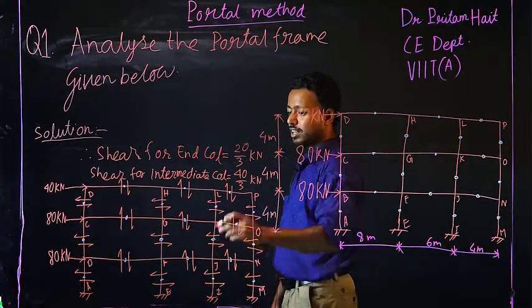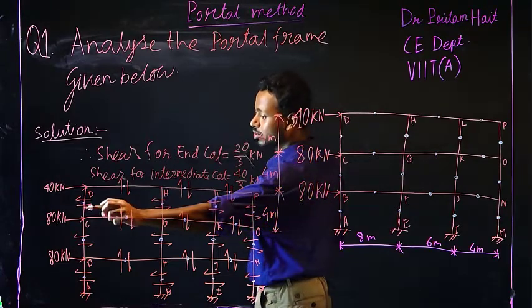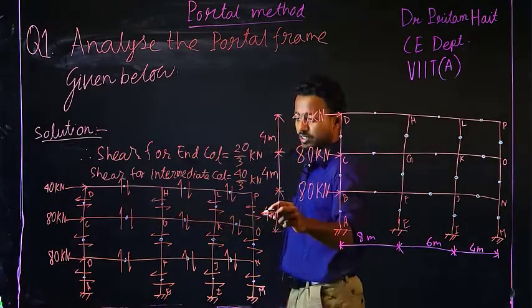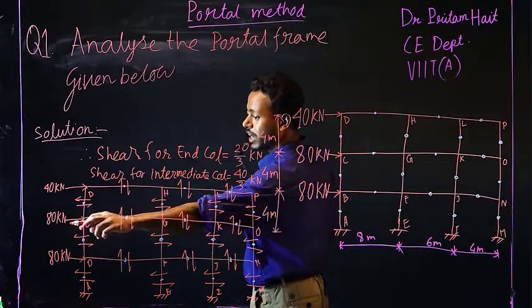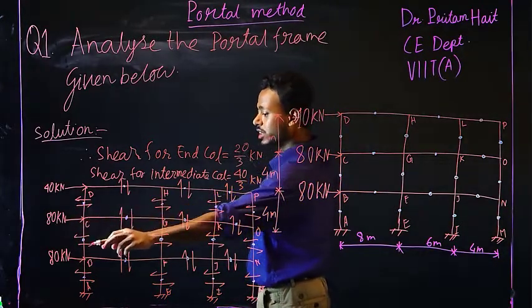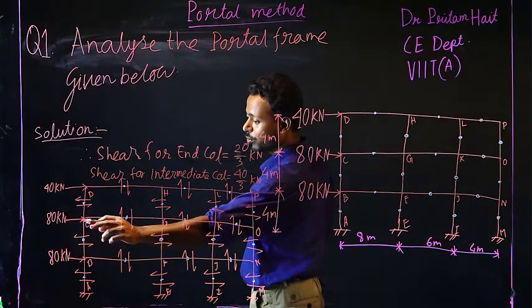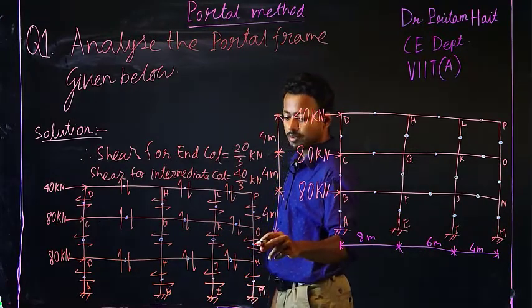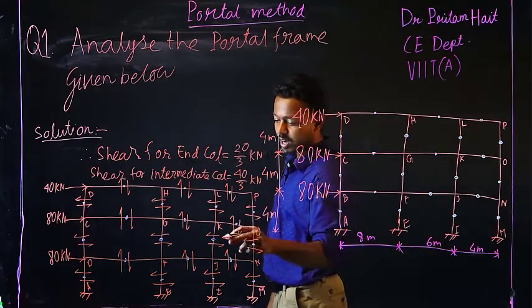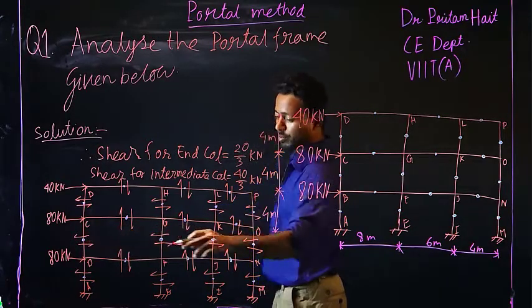Then just beneath the point of contraflexure those forces will be just opposite. Again you come to the second story, where 80 kilonewton is working. In this column just above the point of contraflexure the shear force will act opposite to the 80 kilonewton, and just below, the direction will be changed.